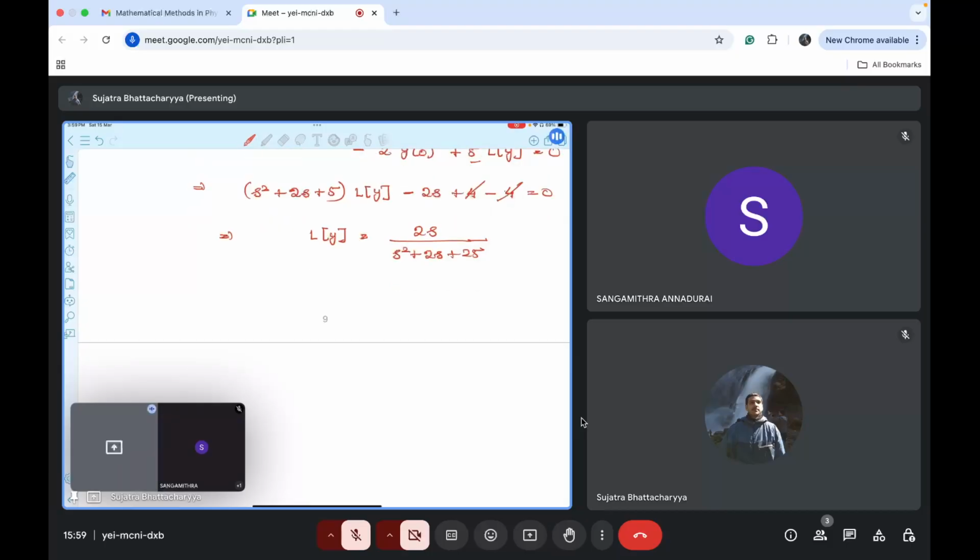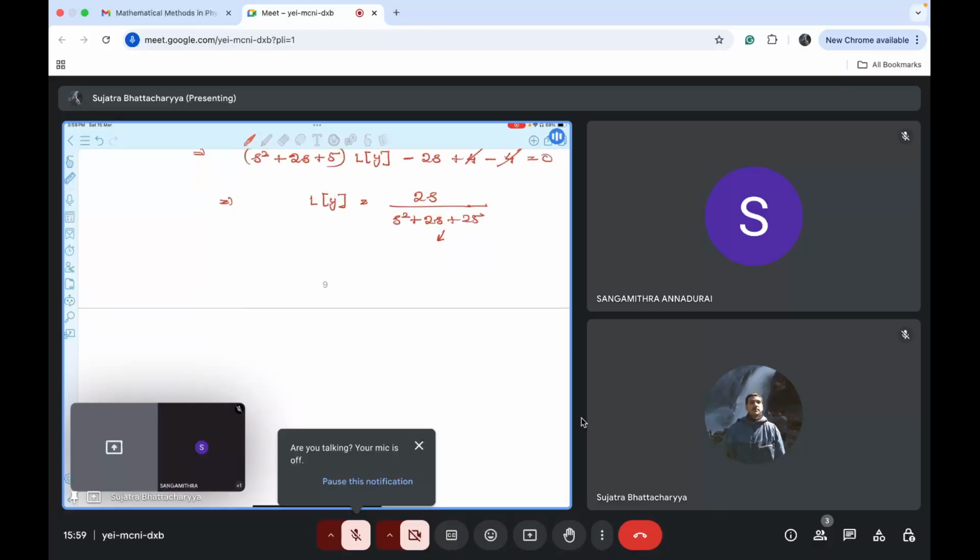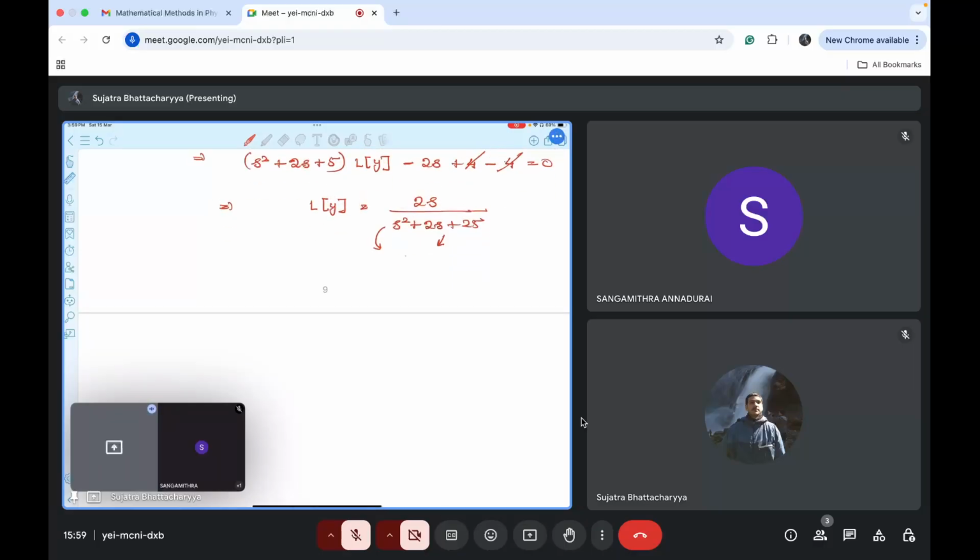So what we can do is, can we convert this into a perfect square kind of a thing and then look for anything else? Let's take the denominator s square plus 2s plus 5.